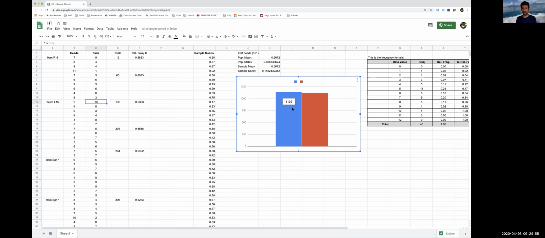But let's look at the long-term frequency. This histogram shows us over 2,200 coin tosses here, right? About 2,256 coin tosses. And it's pretty much half and half, heads and tails. The blue is heads, the red is tails.